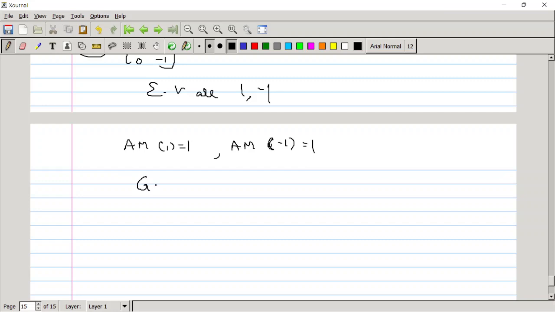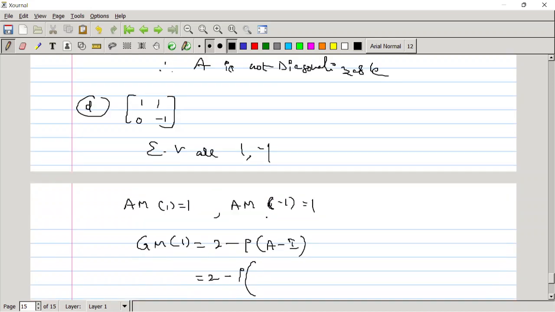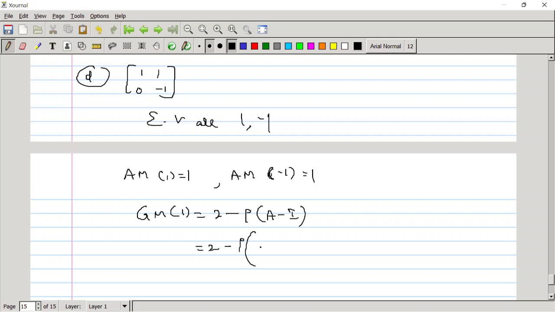So geometric multiplicity of 1 is the order of the matrix, 2, minus rank of A minus I. For the given matrix, by subtracting I we get 0 1, 0 minus 2. Is it correct? The matrix is 1 1, 0 minus 1.